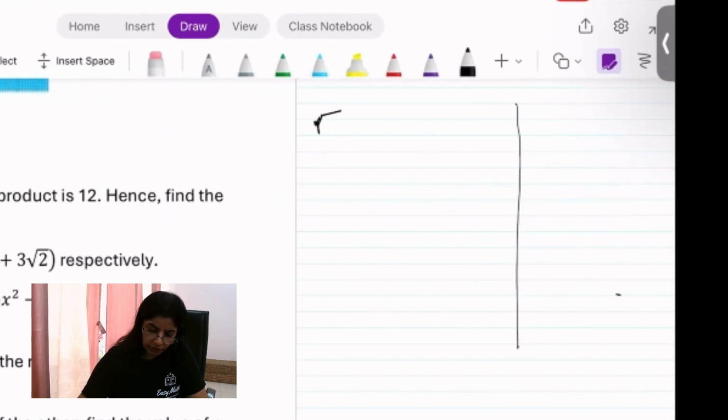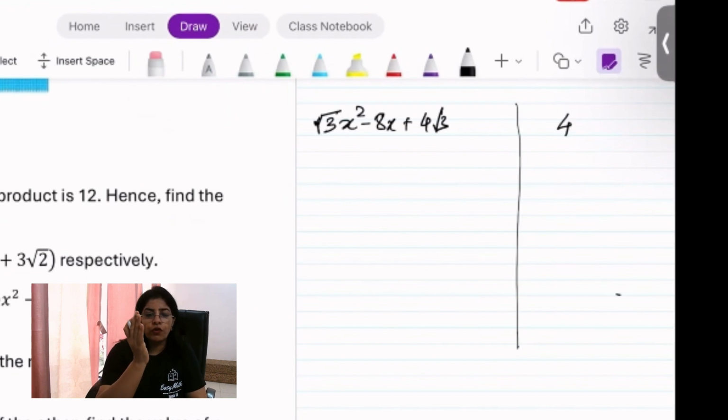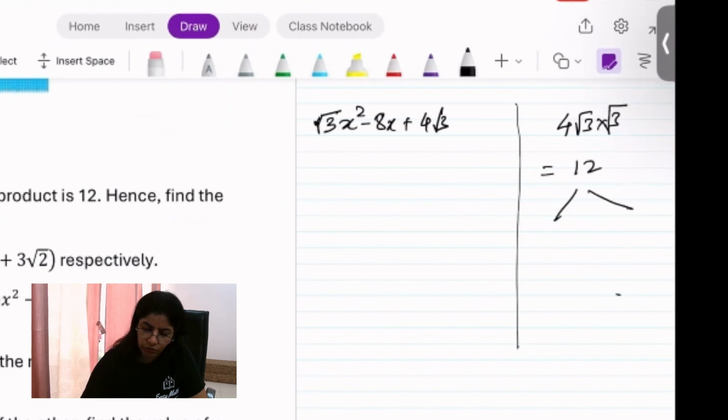The question is root 3 x square minus 8x plus 4 root 3. So the coefficient of a and the constant, the product of these two is root 3 into 4 root 3, that becomes 12. Now we need to find the factors of 12 which sum up to 8.